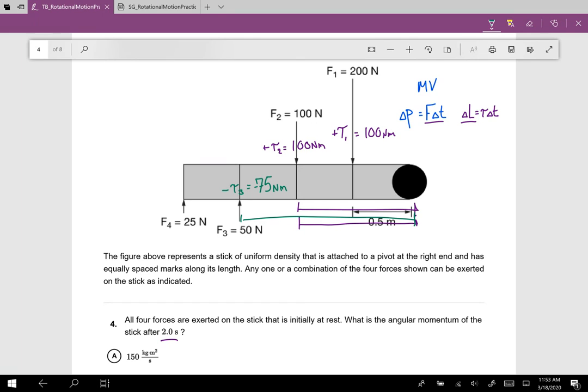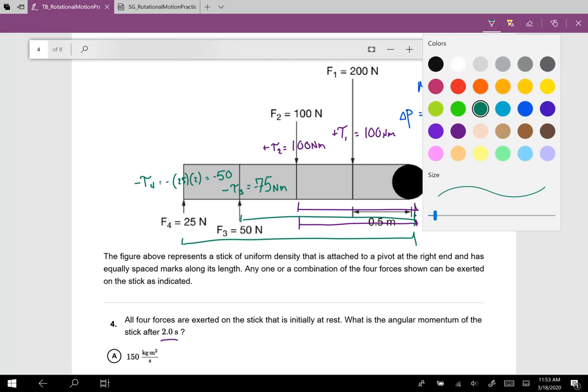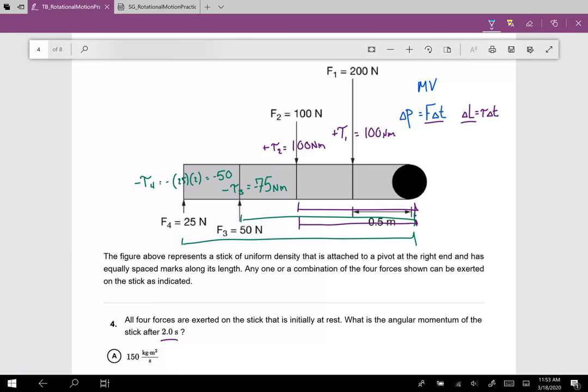And then our last one is going to be 2 meters away, and also negative. So negative 25 times 2 is going to be, what's that, negative 50? I should know how to do that. Negative 50. So our net torque is going to be 100 plus 100, so 200 minus 50 minus 75.